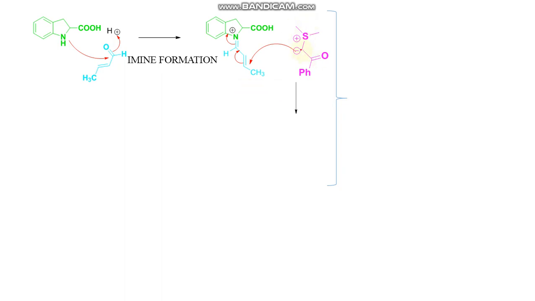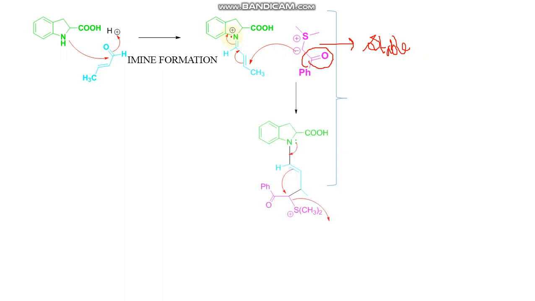As you have seen here, this negative charge is very stable because of the conjugation with this carbonyl group. So this is a stable ylide. If this is a stable ylide, obviously it will form the 1,4 addition compound. Now 1,4 addition means 1, 2, 3, 4. This will form this type of compound.